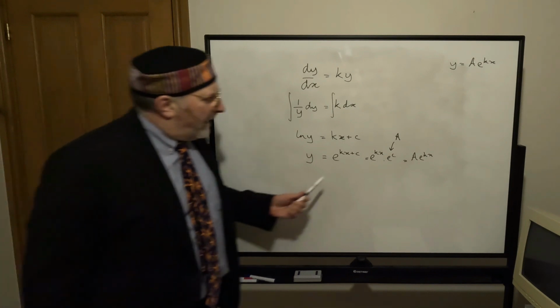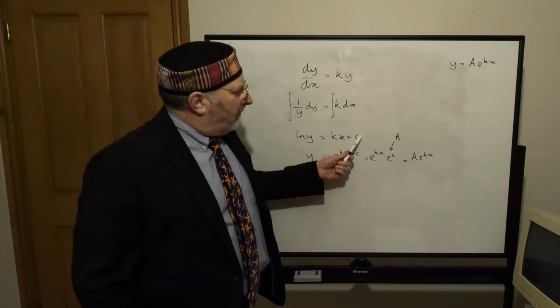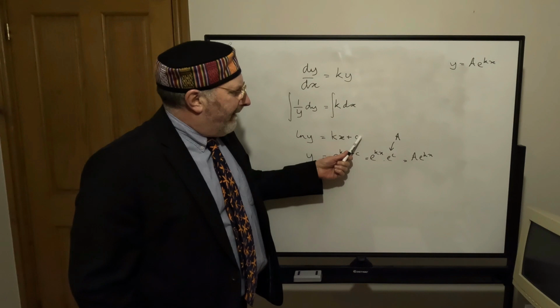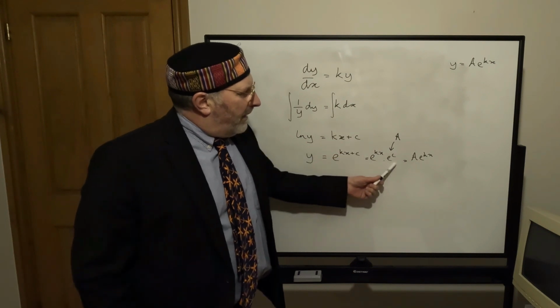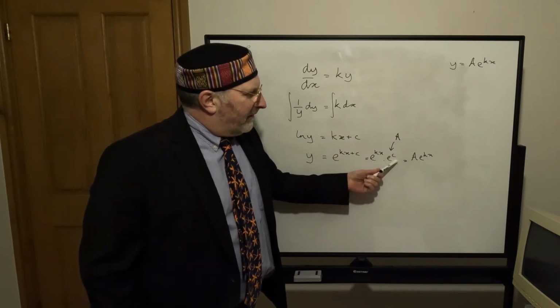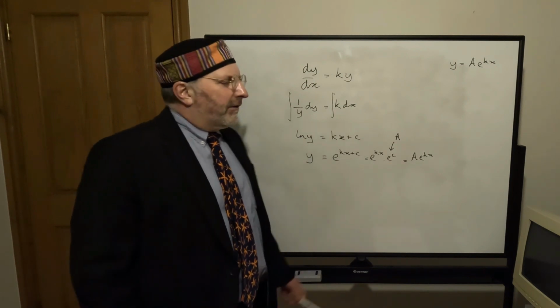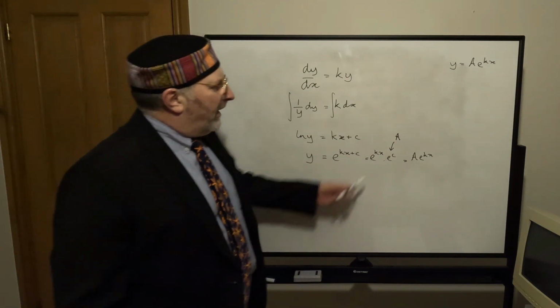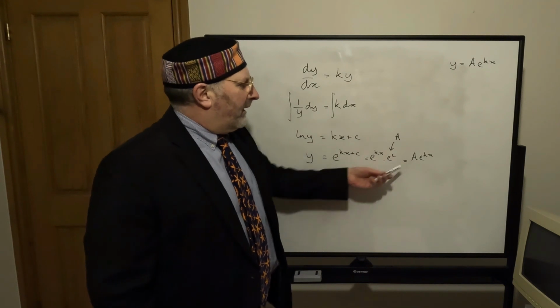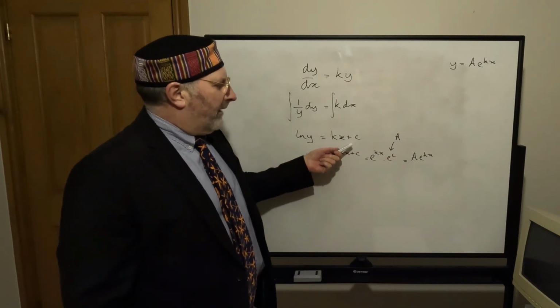And what we can see here then is that this constant of integration, c, becomes transformed by e to the c into this a that comes in front of the a e to the kx. So that is why I said that a kind of is a constant of integration.